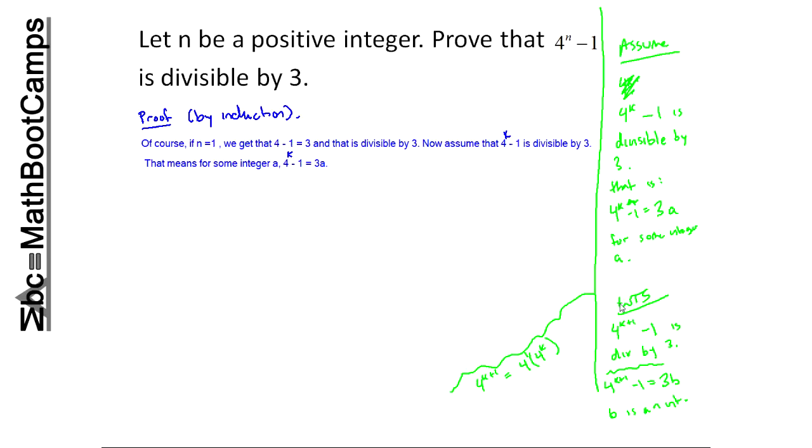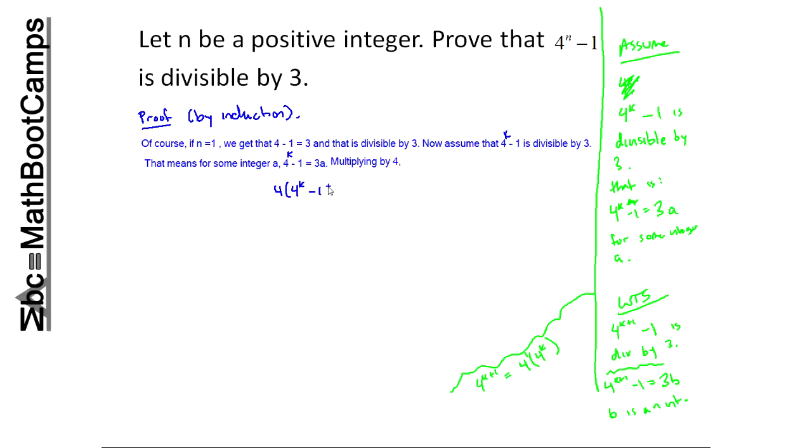Now, that would typically be for scratch work, but since I know it's going to work, I'm going to do that. So I'm going to multiply by 4, and I'm going to tell my readers that that's what I'm doing. So I'm going to say, okay, multiplying by 4. What happens? So we end up with 4 times 4 to the k minus 1.